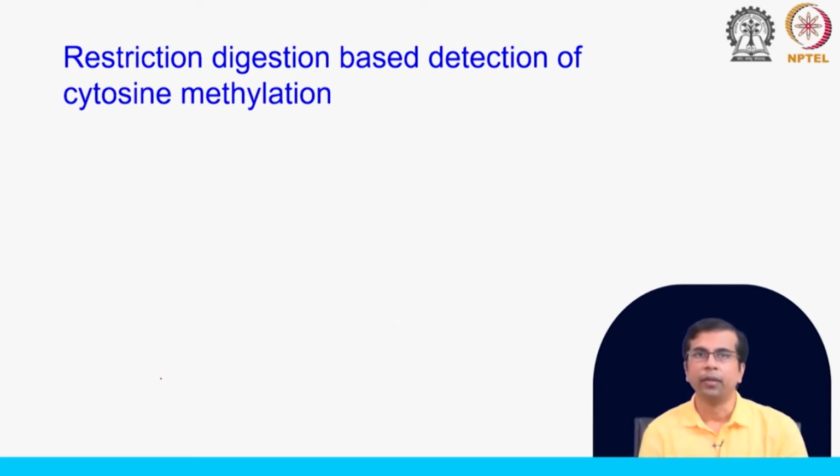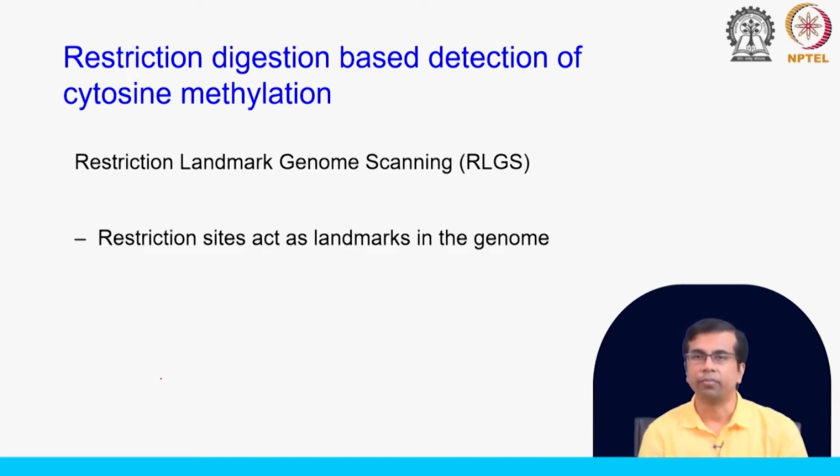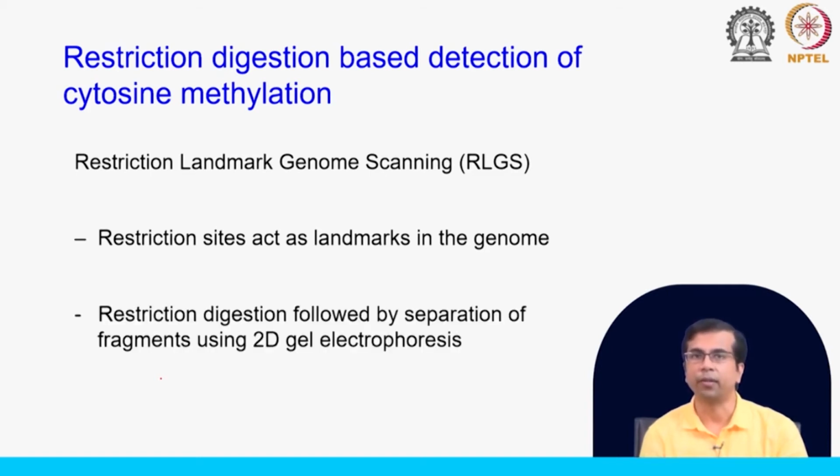Okay. So, there is a specific method that actually employed this technique, is called restriction landmark genome scanning, or RLGS. So, what happens is that these restriction sites act as landmarks in the genome, right. They are scattered around the genome at different locations, and they act as landmarks, which you can use to identify, okay, whether there is methylation or not.